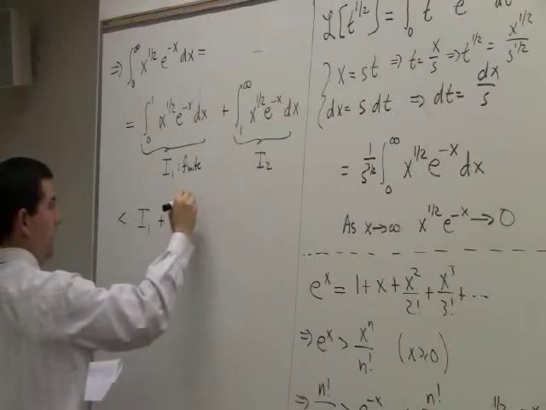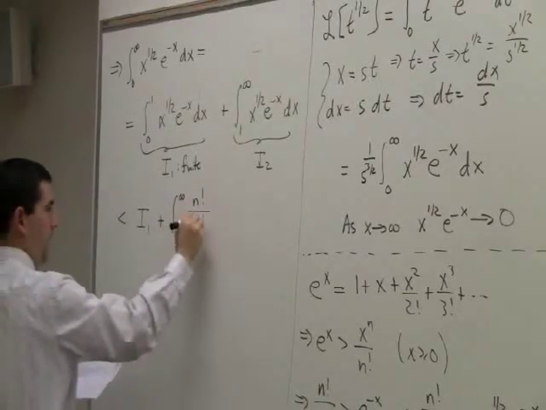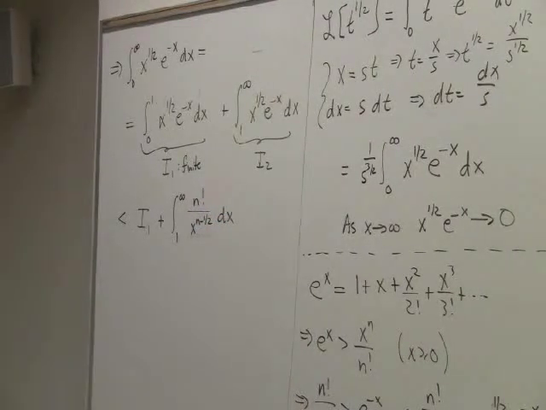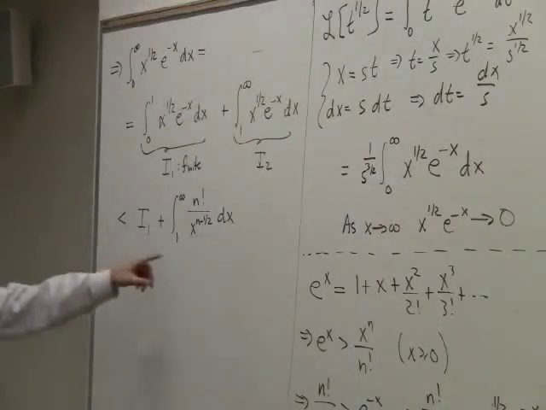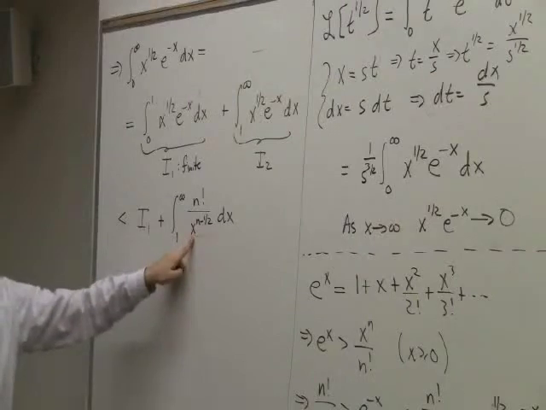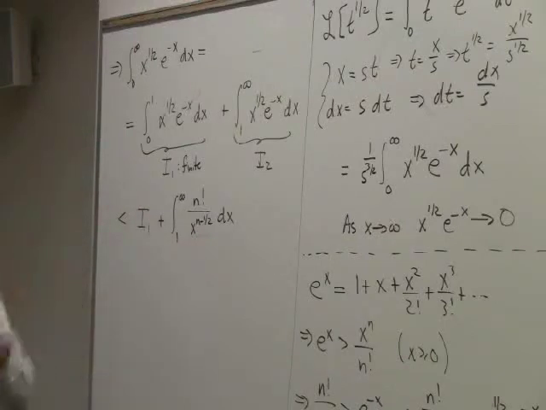So I'm going to get n factorial over x to the n minus a half dx. And right here you can see why I needed to break this integral up. To put this in the bottom, x is not allowed to be 0. So I break it up at 1. Well, that's a reasonable place. 1, nice round number.